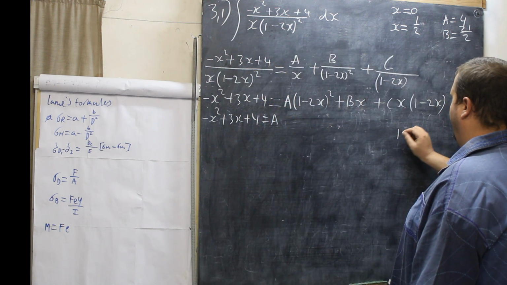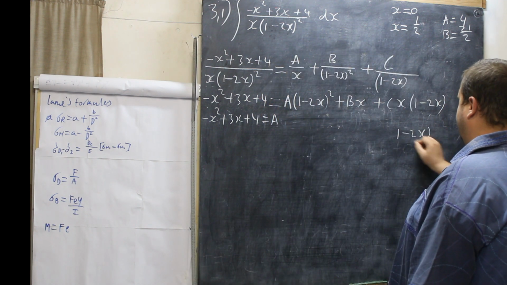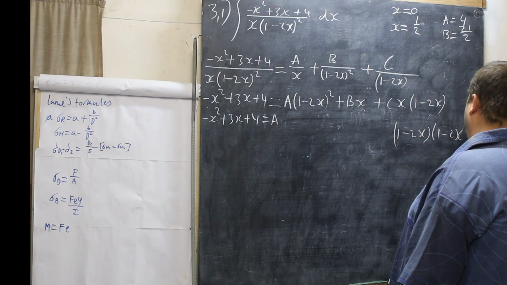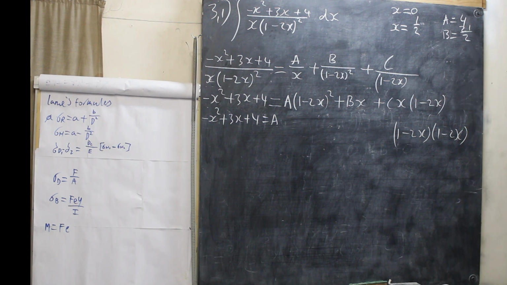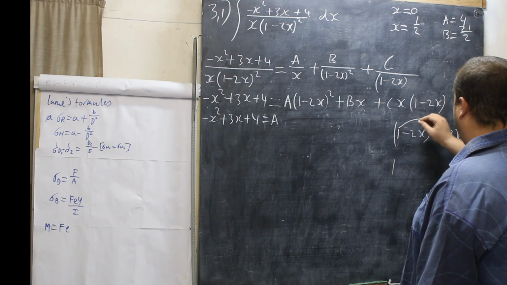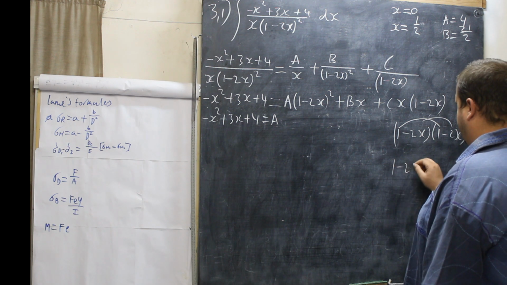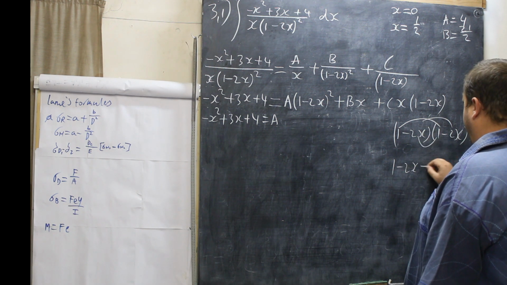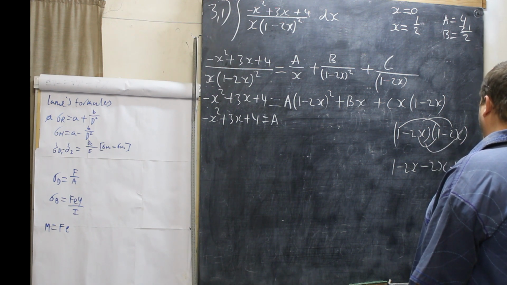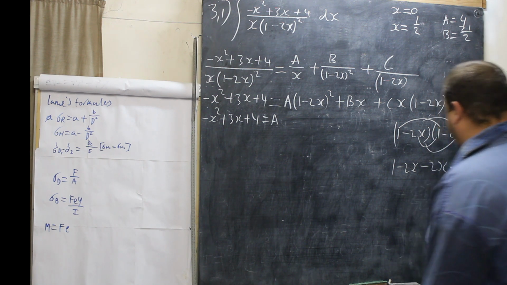Now this is 1 minus 2x, 1 minus 2x. 1 times 1 is 1. 1 times 2 minus 2x, minus 2x plus 4x squared.